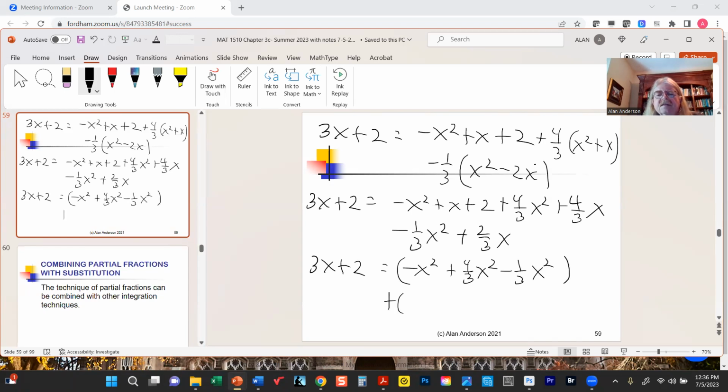Then we have the x's. And then we have the constants, 2, and that's it.